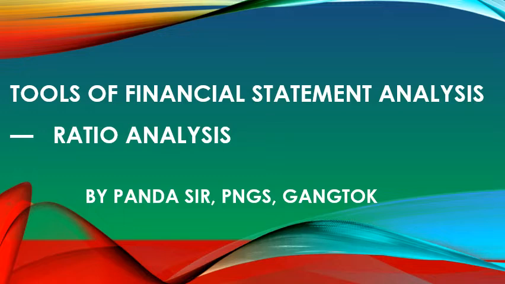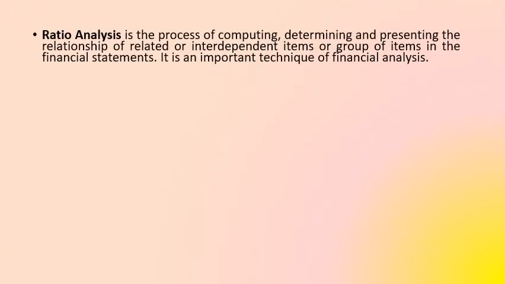Today we are going to learn the tools of financial statement analysis, that is ratio analysis. Ratio analysis is a process of computing, determining and presenting the relationship of related and interdependent items or group of items in the financial statement.